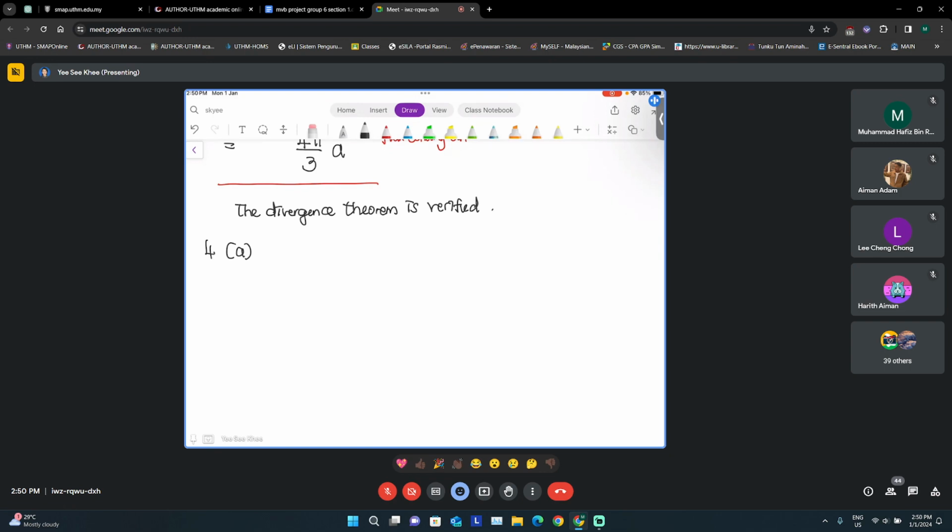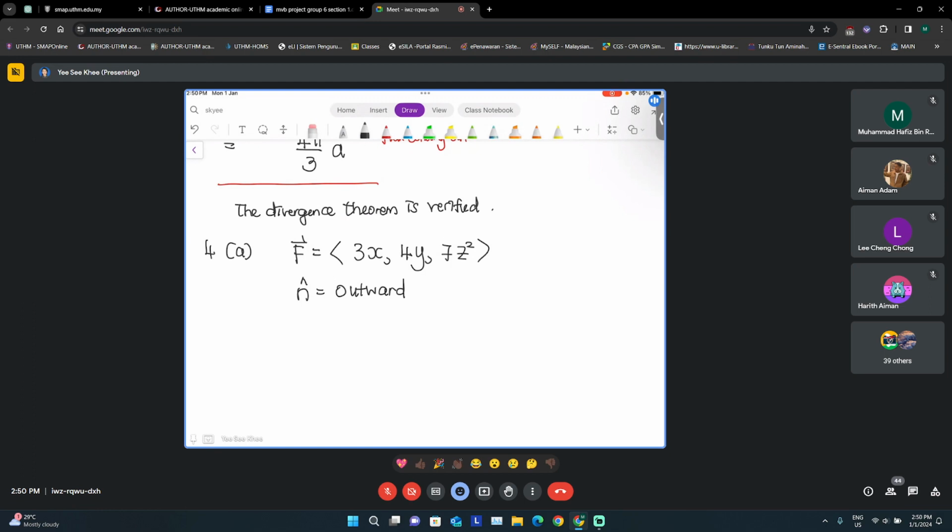Where F is given by 3x, 4y, and 7z squared. So this is your F. Sigma is the surface that covers G with outward vector n. We just write it down, even though we don't really need the outward information, because we are solving using the divergence or Gauss theorem.